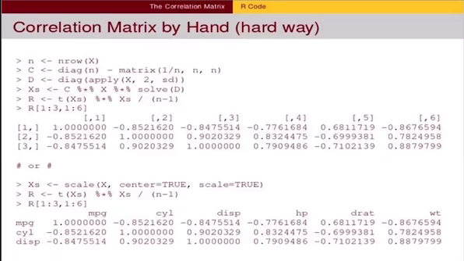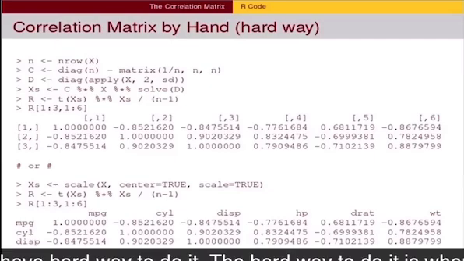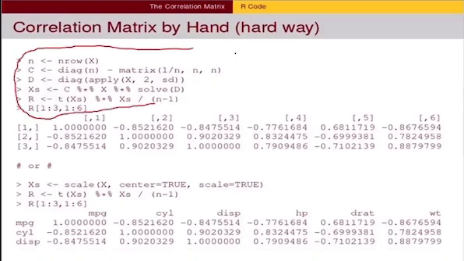Now, if I want to do it in R using software, this is how we do it. We have an easy way and a hard way. The hard way is when you code the formula. Look at that, I'm coding the formula here.